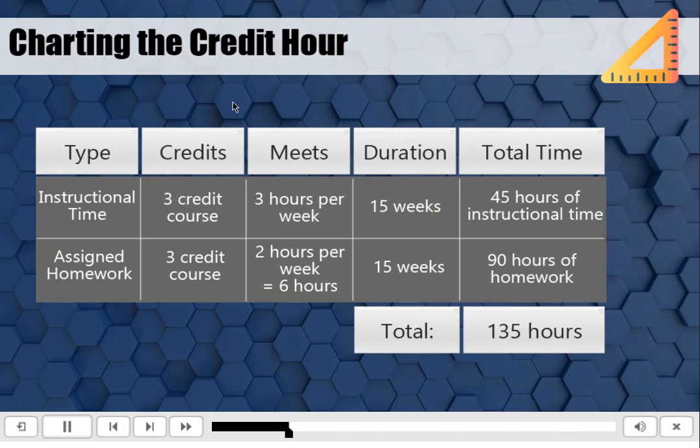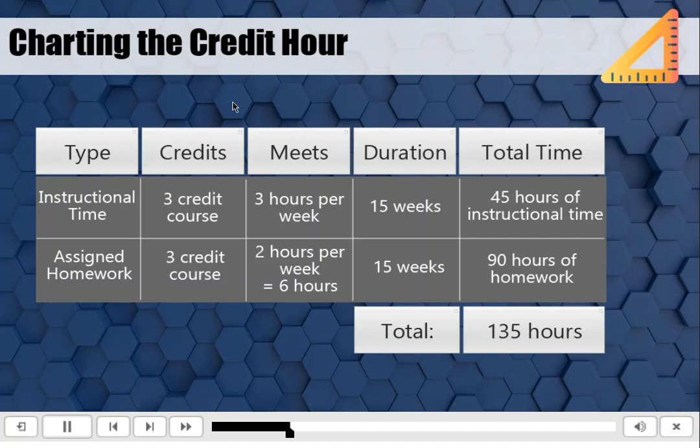Assigned homework, that's where the Carnegie credit or the Carnegie unit comes in. The Carnegie unit is saying if you have a 3-credit hour, they should be doing 2 hours per week per credit. That's 3 times 2 equals 6 hours of assigned homework, and over 15 weeks, you end up with 90 hours of homework.